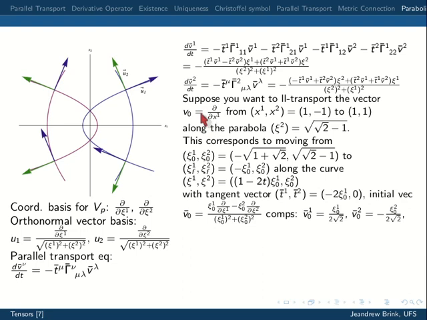Okay, so I assumed my initial vector was just simply pointing in the x, or the directional derivative with respect to x. Then I took that and I projected it onto this basis in the new coordinates. And then I get the components, and I want to transport these guys using this equation.